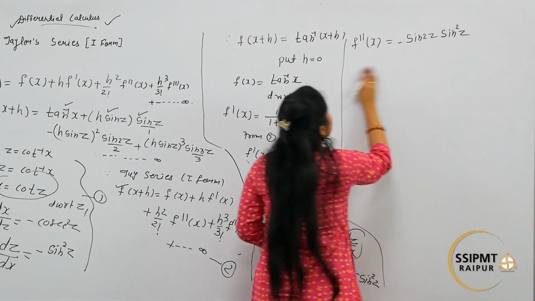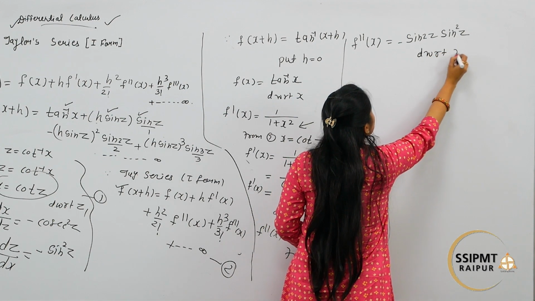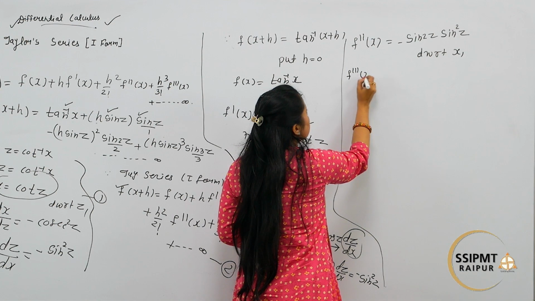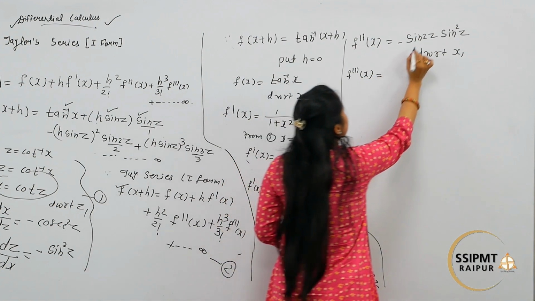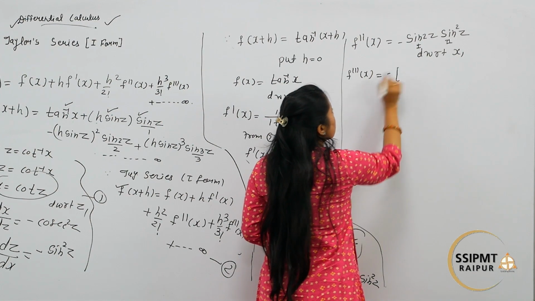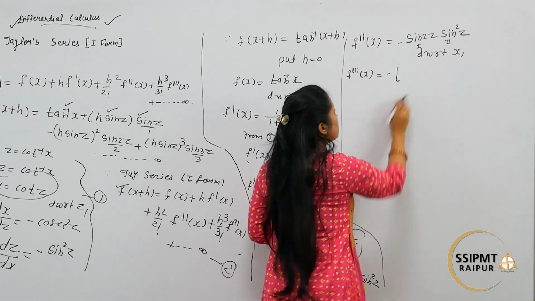Alright. Differentiate one more time with respect to x. So on LHS it will be f triple dash x and on RHS it will be first function into differentiation of second plus second function into differentiation of first.